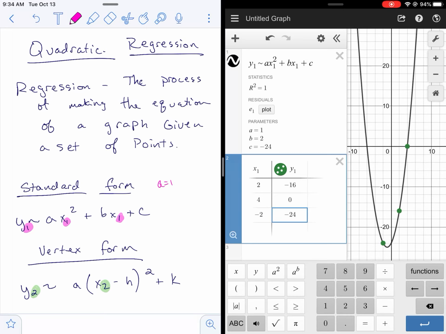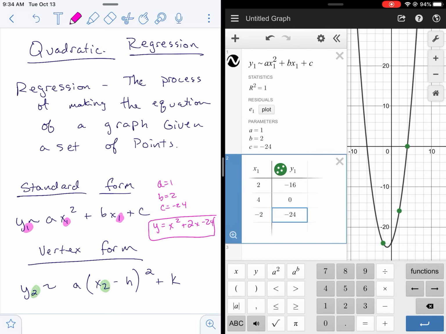A equals 1. B equals 2. C equals negative 24. So that's y equals 1x squared plus 2x minus 24. So I just put 3 points in and the calculator gave me the equation.